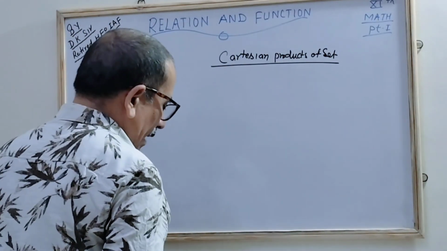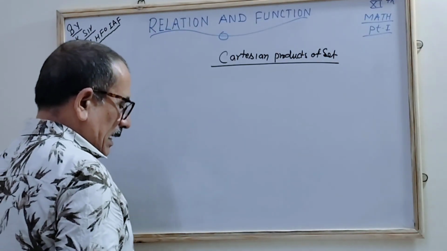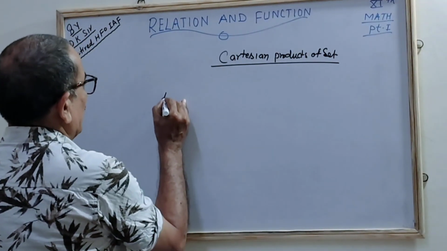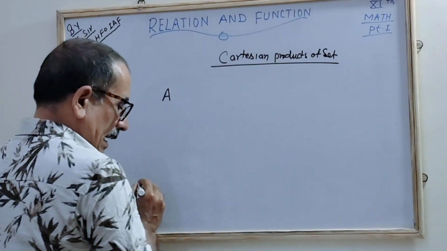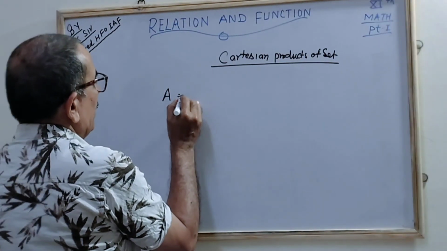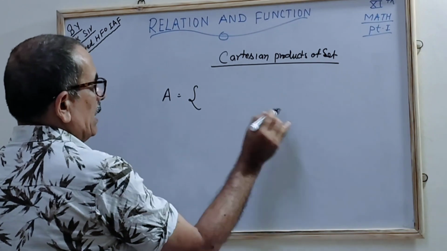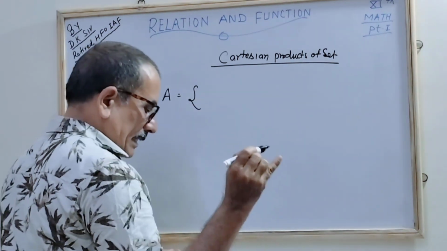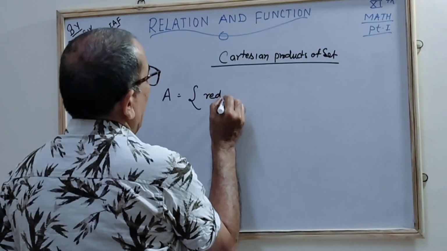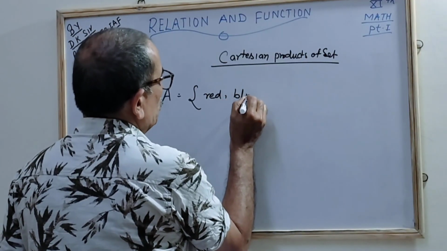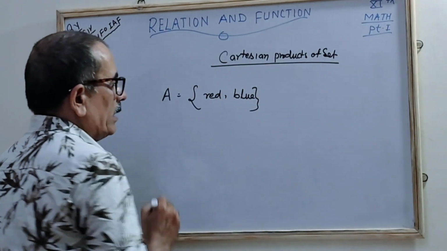The first example in the Cartesian product they have given: they have one set, and the set name is A, correct? In the set A, there are elements. They are two colors, red and blue.